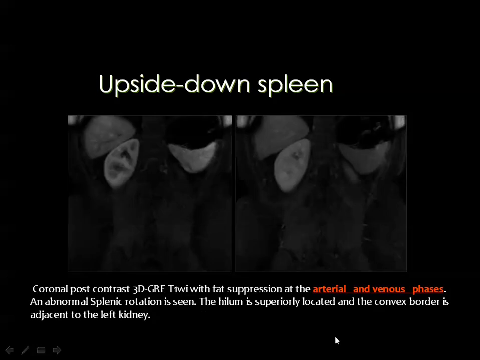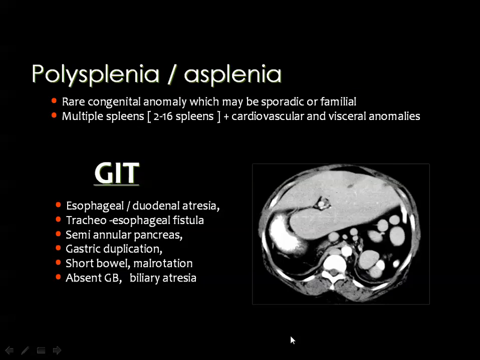You know that the normal splenic position is in the left hypochondrium with the hilum facing medially, but sometimes you get what's known as an upside down spleen, where the splenic hilum may face upward, as in this case. One of the congenital lesions of the spleen is the polysplenia and asplenia syndromes.